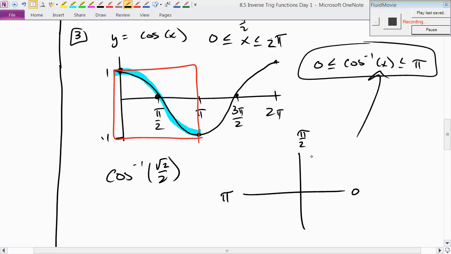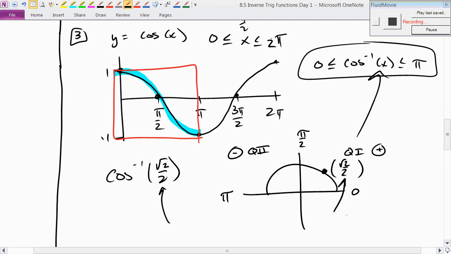I know this is pi over 2, so it's somewhere either in quadrant number 1 or quadrant number 2. In quadrant 1, cosines are positive. In quadrant 2, cosines are negative. So I know I must be looking at quadrant 1 because this is root 2 over 2. So really the question is, where on the unit circle is the cosine a value of root 2 over 2? Remember, that's the x value. What angle would that have to be? Pi over 4, exactly. So the inverse cosine of root 2 over 2 is pi over 4.